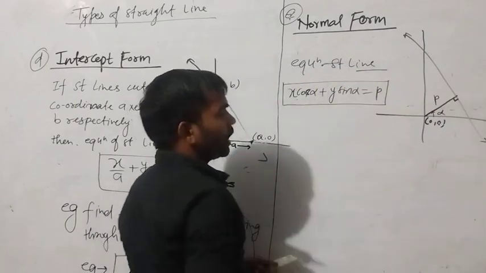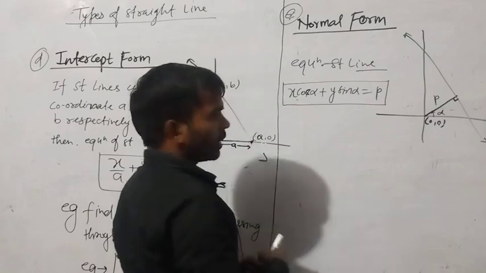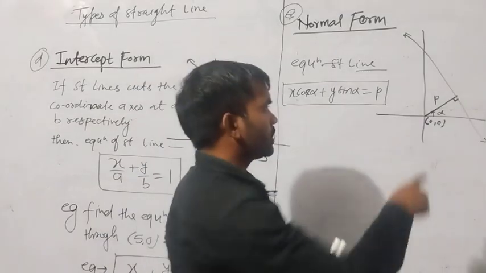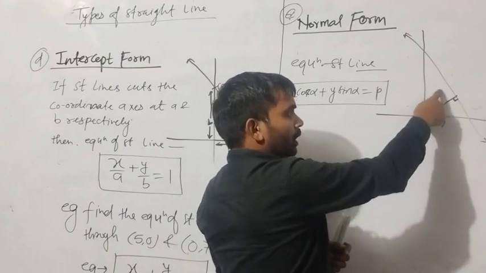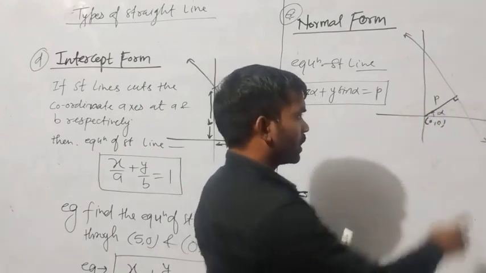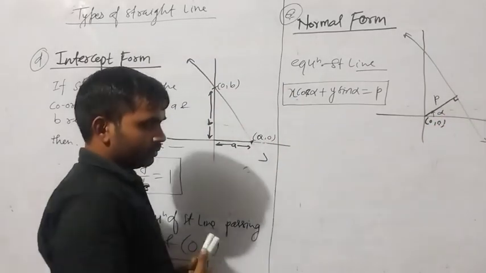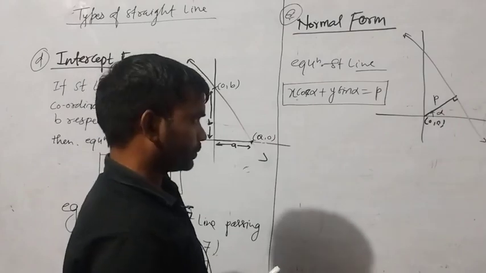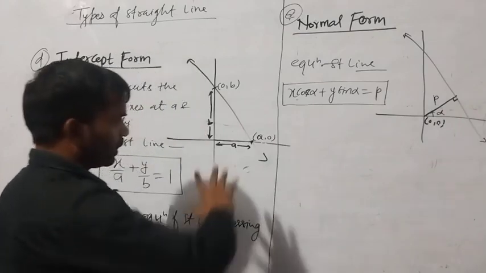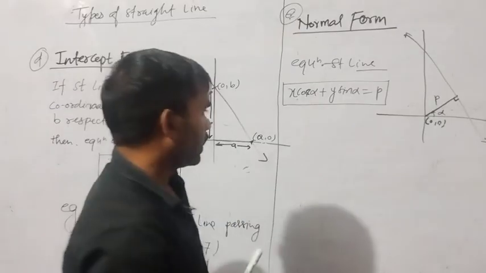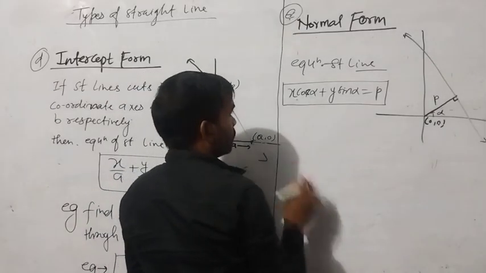So two conditions are given here: one is the length of the normal from the origin, and second is the angle made by the normal from the positive x-axis. We can use all these things in our questions also.